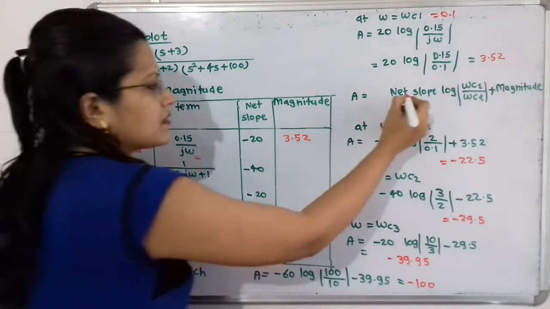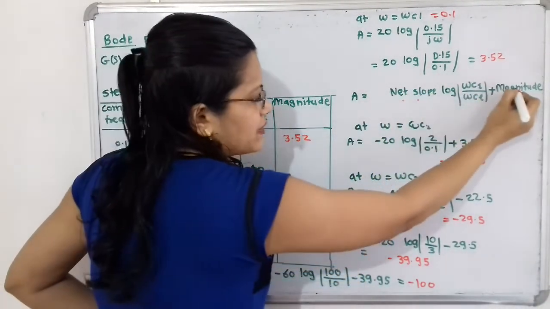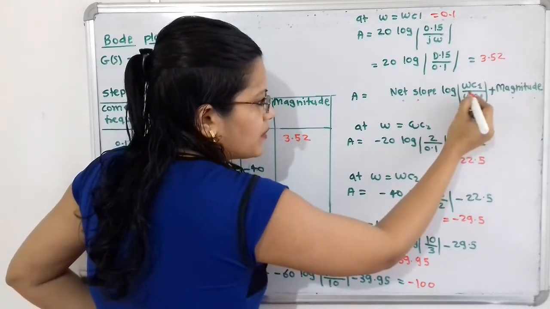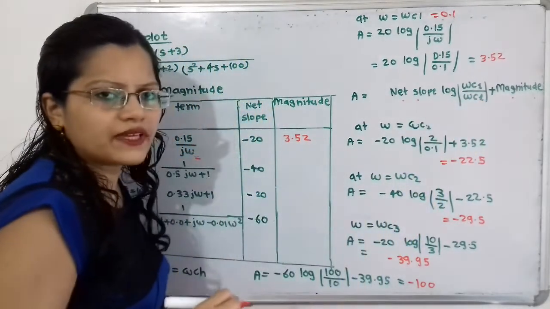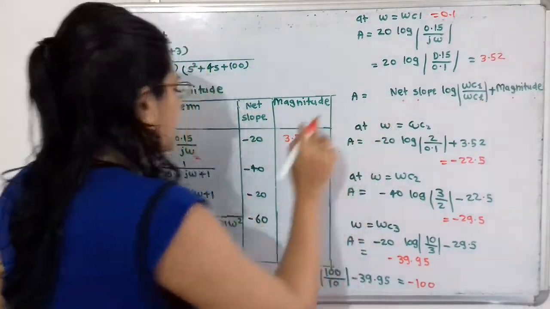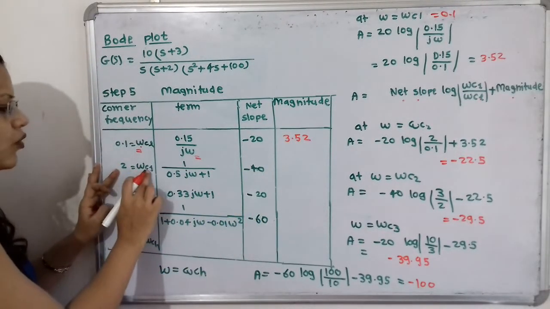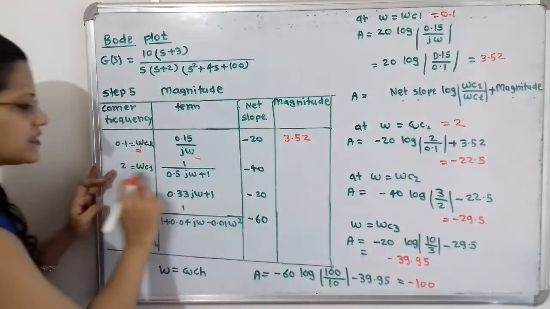Now remember, here net slope for previous corner frequency, magnitude is also for previous corner frequency, and here in the denominator we also have to consider previous corner frequency. Now we will consider the next corner frequency, that is omega is equal to omega C1, which is equal to 2. Now this table is important.